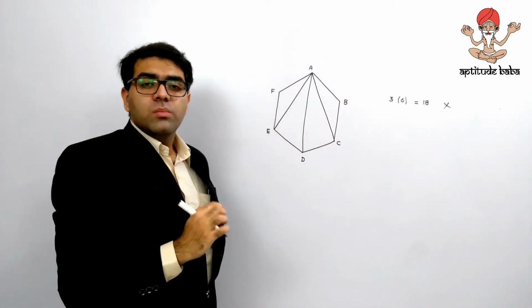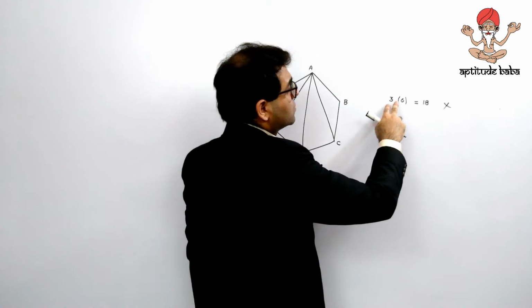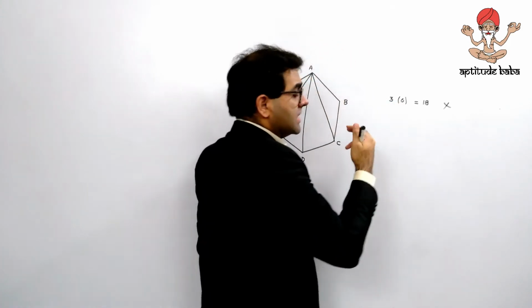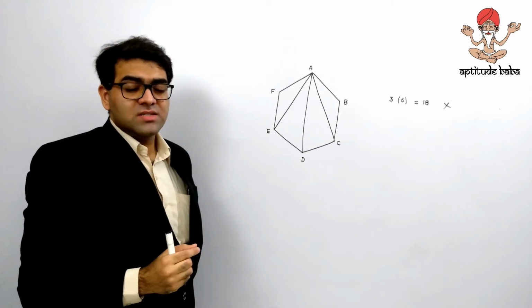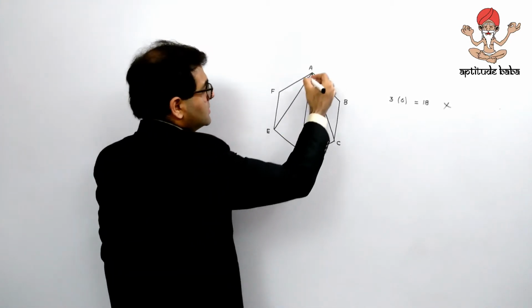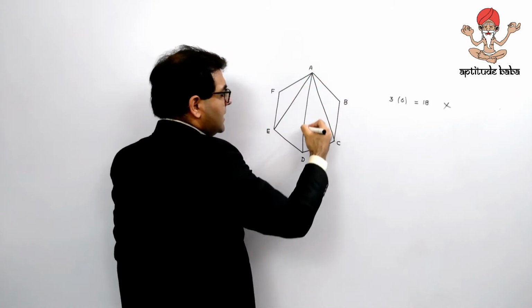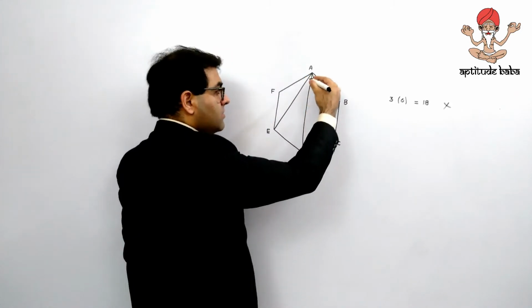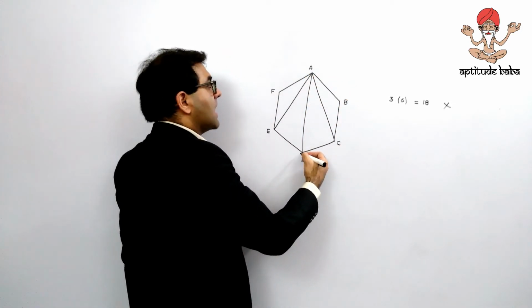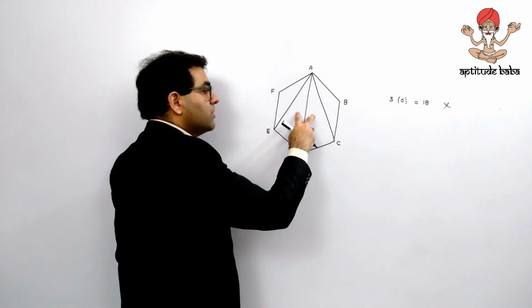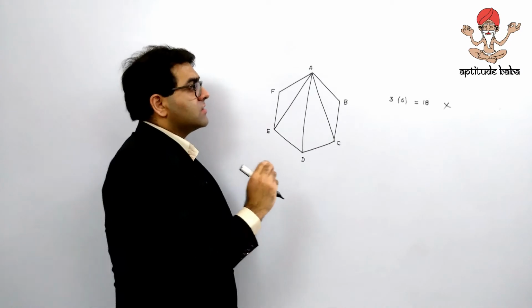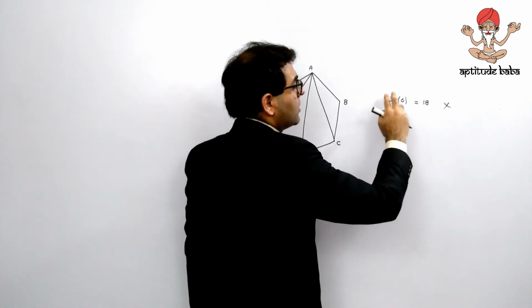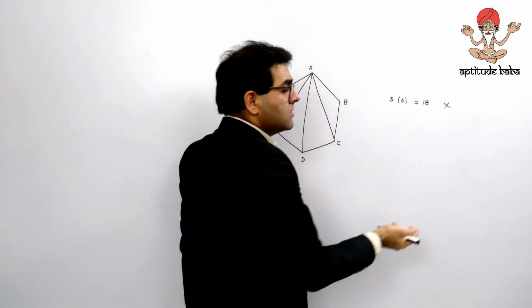Because when I calculate the total number of diagonals as 3 into 6, 18, I am double counting diagonals. Let me explain. When I counted diagonal AD from vertex A and then counted diagonal AD from vertex D, I counted the same diagonal twice. What happens here is that I end up counting every diagonal twice.